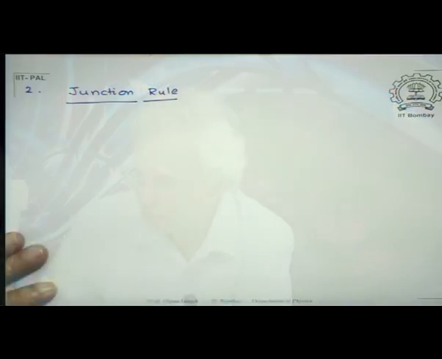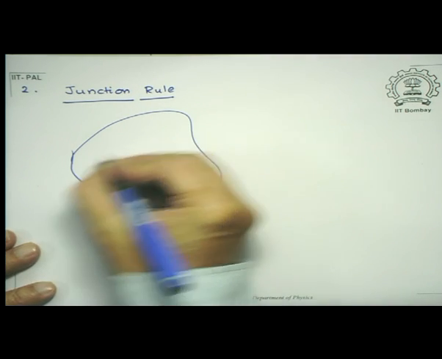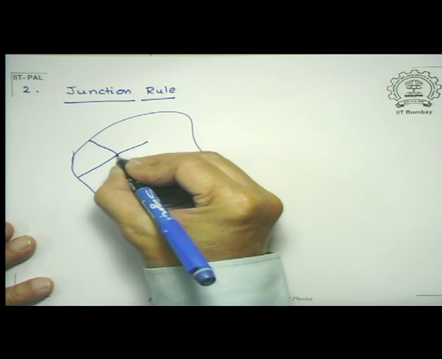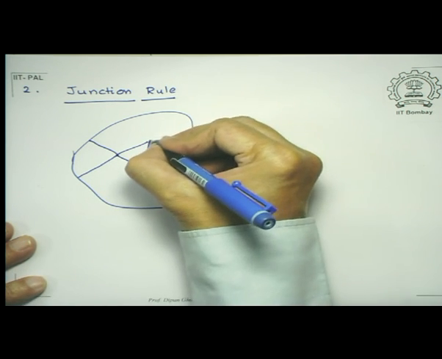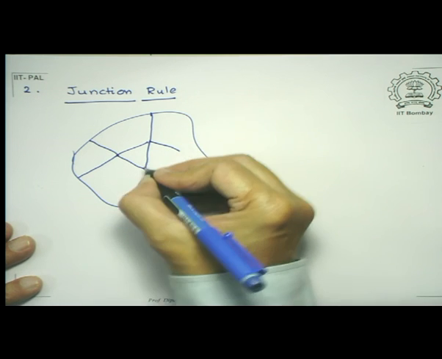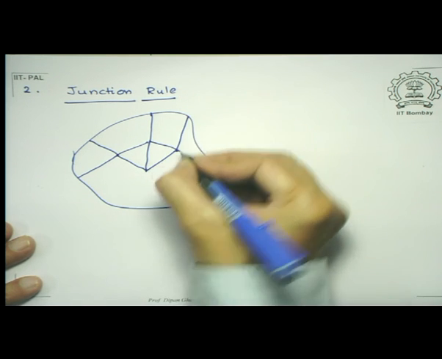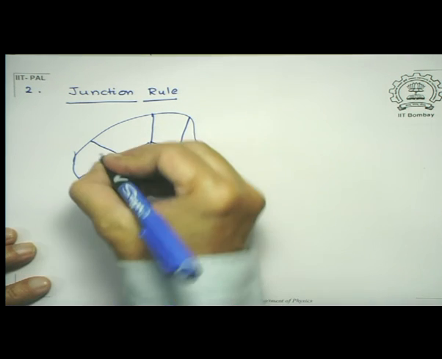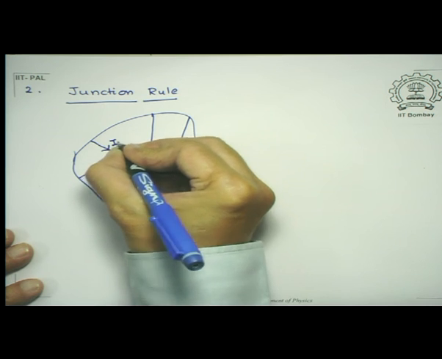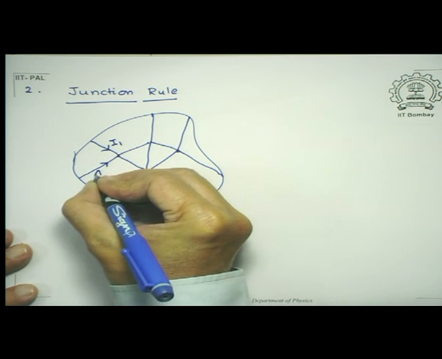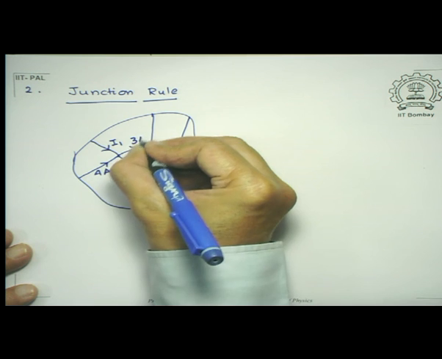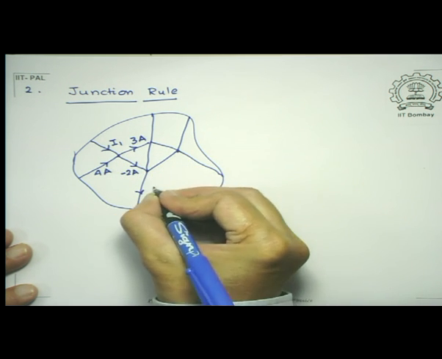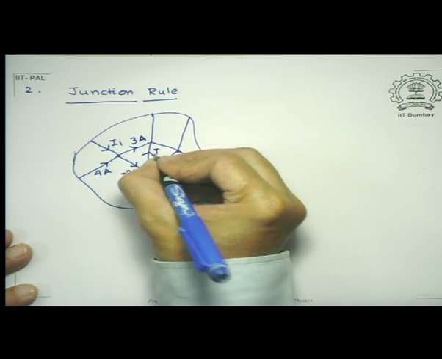I am not giving any circuit, but let me say that I have a junction of this type. Let me just draw some points here. So what I have done is this, supposing this is I1, let me say this is 4 amperes, this is 3 amperes, this is minus 2 amperes. 4 amperes, let's call this I2, which I don't know.